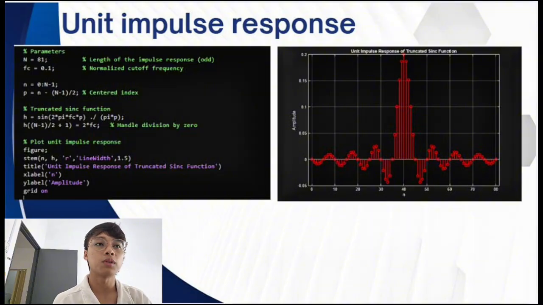For plotting the unit impulse response, figure, stem h, with line width 1.5. The title is the unit impulse response of the truncated sinc function, the x label is n, the y label is amplitude, and grid on. So here is our result, the unit impulse response of the truncated sinc function.